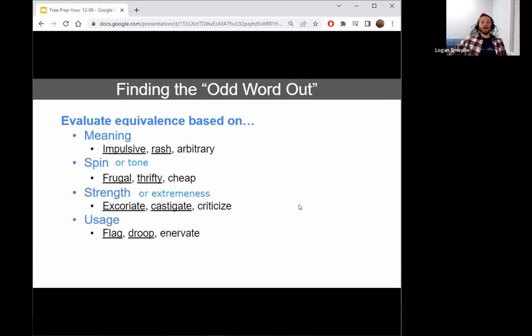Then there's a last type that is a little bit more of a last line of defense, which is usage. Basically, how does the word get used grammatically or idiomatically? How does it just tend to be used in English? Do any of y'all who are here live tonight know what these three words mean? They do have a similar meaning. Flag, droop, and enervate.